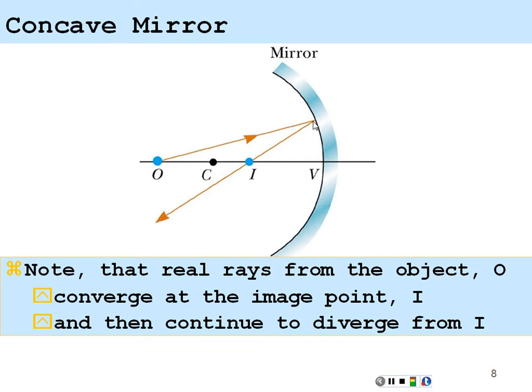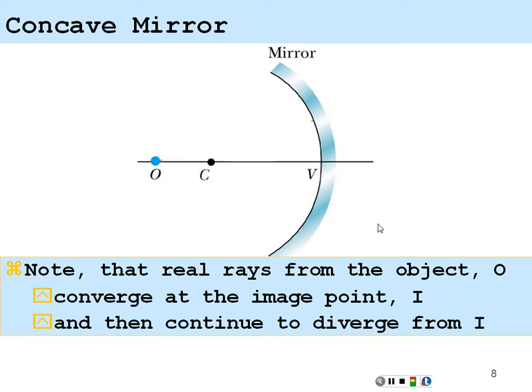If you focus in on the point where the ray touches the mirror, then on a very local scale it appears kind of flat, and the angle of incidence will equal the angle of reflection. So whatever ray comes into that point is going to reflect out from that point, and in this case it's going to go through this point I and then continue on after that.